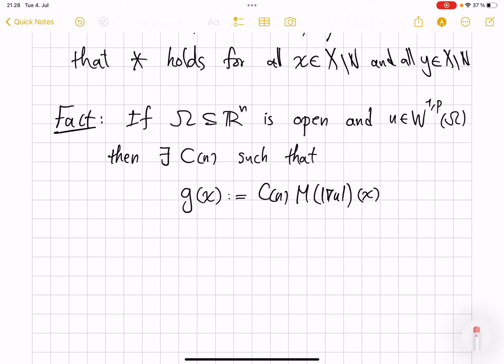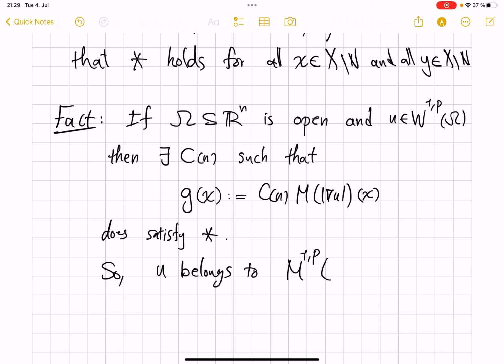So up to this constant it is just the maximal function of the gradient. So the claim is that when you have a function in the classical Sobolev space, then a multiple of the maximal function of the gradient does satisfy star. So the function u belongs to M^{1,p}(R^n) equipped with the standard distance and the Lebesgue measure.